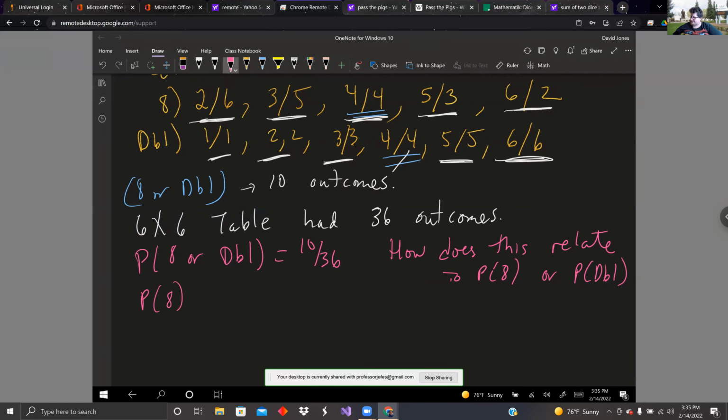There were 5 different outcomes, right? 1, 2, 3, 4, 5 outcomes. So 5 over 36. And if I do the probability of doubles, I've got 1, 2, 3, 4, 5, 6. 6 over 36, which I know simplifies, but I'm not going to simplify them.